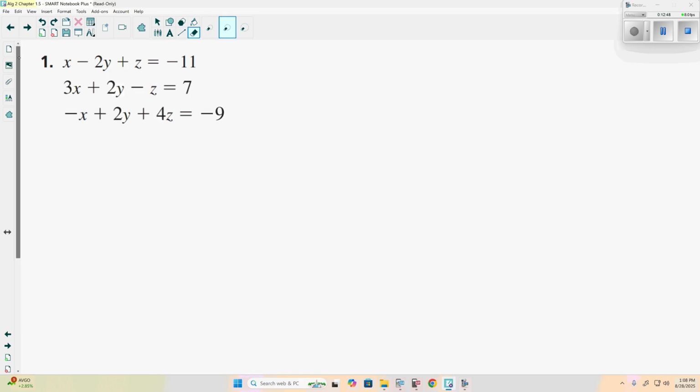X, Y, or Z, which one's going to be easier to eliminate first? Because Z, we have 1Z, 1Z, 4Z, so we can easily turn them into the other. X, we have X, negative X, and 3X. We do have 2 X's we can easily turn into the other, yes?